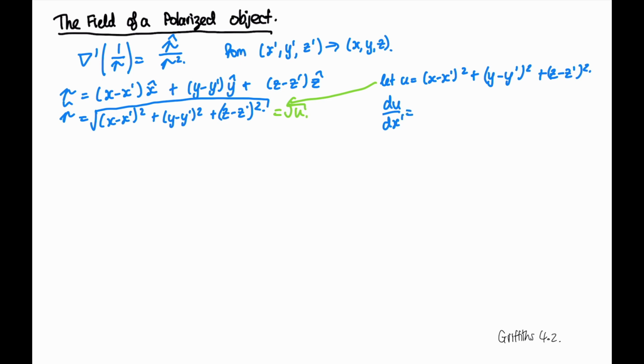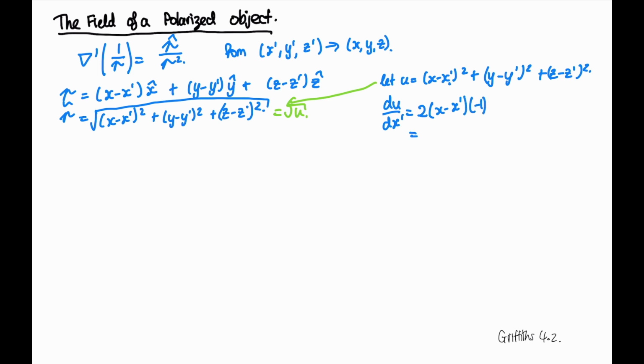If we take the derivative of all of this with respect to x prime, then these terms are all constant, and so they disappear. What we're left with is 2 times x minus x prime, and then we need to multiply by minus 1.